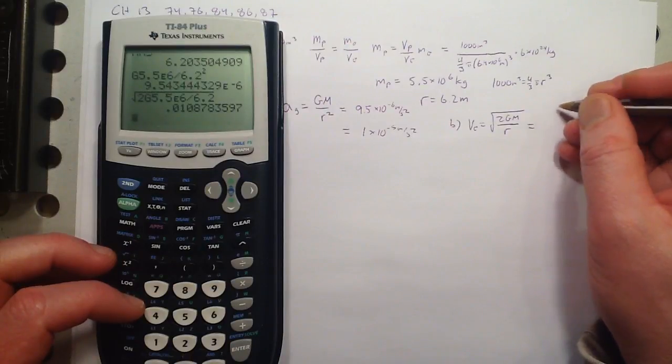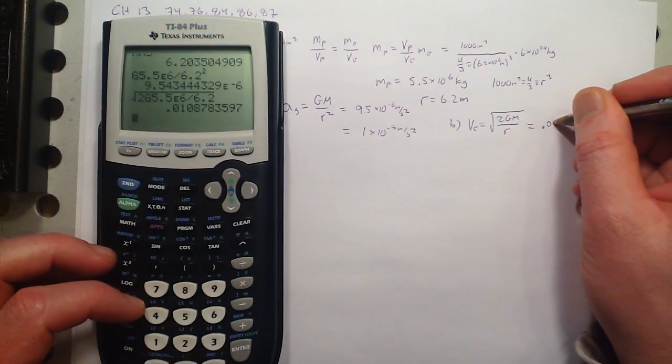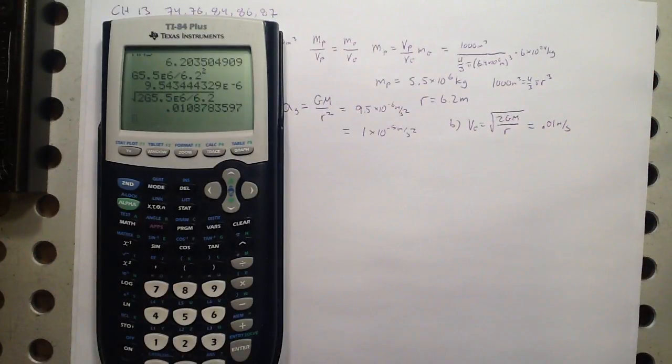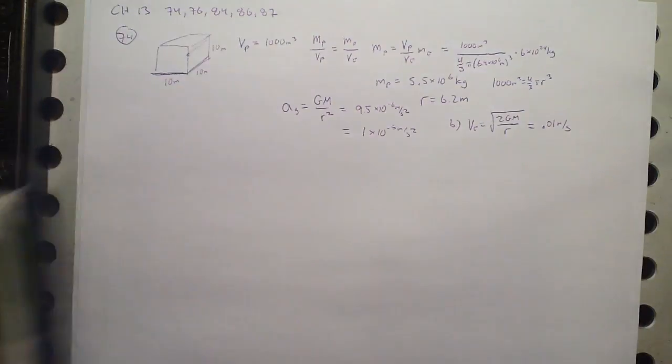So I'm getting here that it's about 0.01 meters per second. In the book they have 0.02 meters per second. So again, I just assumed a little bit smaller planet, I guess, than they did. All right.